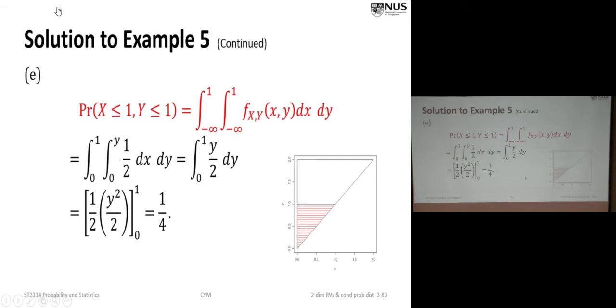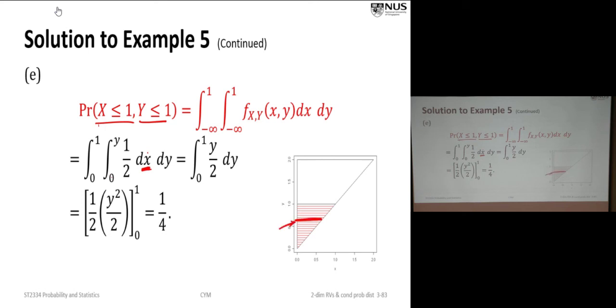This one had nothing to do with the conditional distribution. It's just to find the probability of a joint event, x less than or equal to 1 and y less than or equal to 1. So integrate from 0 to 1 and 0 to y. Why? Because here I integrate x first. So I fix y. In other words, I look at this part.